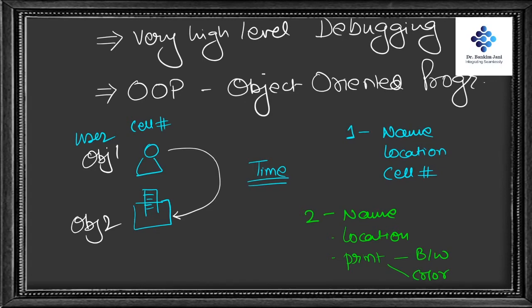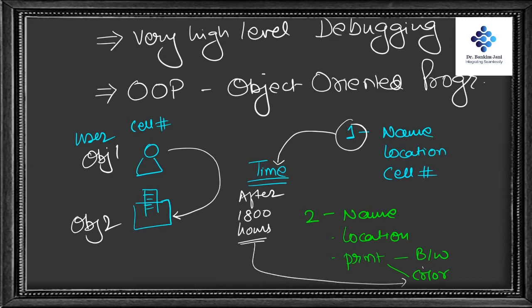You can go to that granular level that this particular user cannot print a color copy after, say, 1800 hours, that is after 6 p.m. evening. He cannot print a color copy, but he can print black and white.